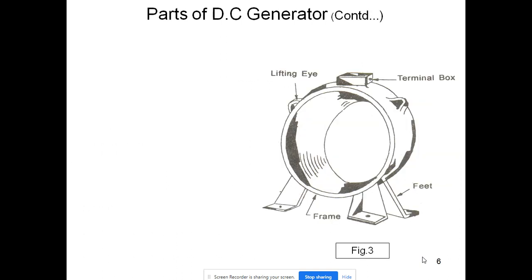First, let us see each part one by one. I will be explaining each part by showing the PPT.